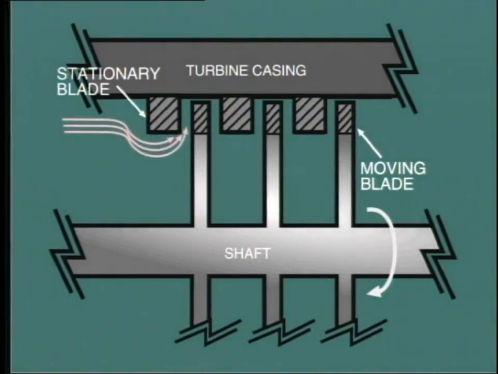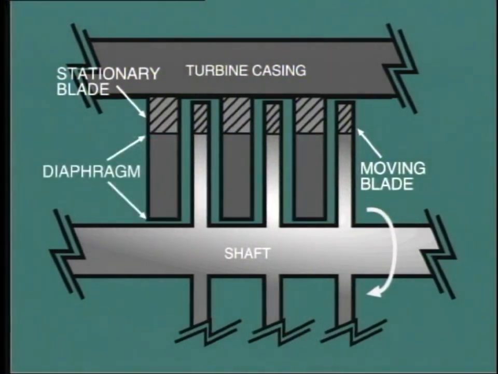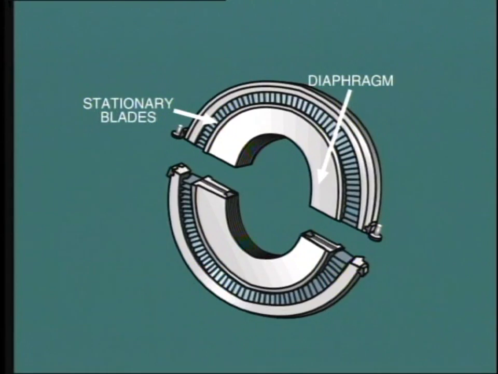What is there to stop the steam passing around the blade instead of through it? In order to prevent this, a shield known as a diaphragm is constructed, extending all the way from the inner diameter of the stationary blade down to the shaft, leaving a small clearance to allow rotation. In practice, the stationary blades are inserted into the diaphragm like this, and the diaphragm itself is fixed into the turbine casing.